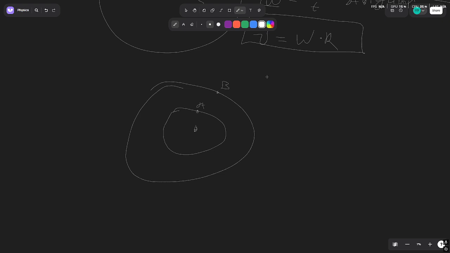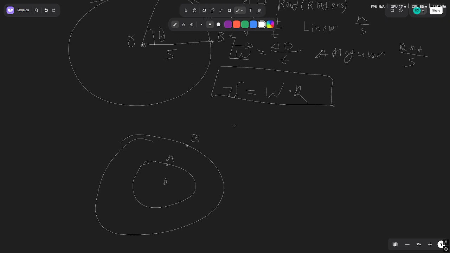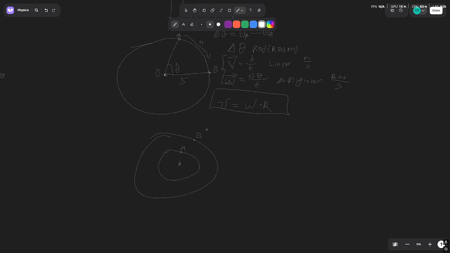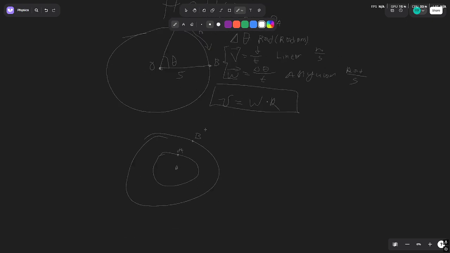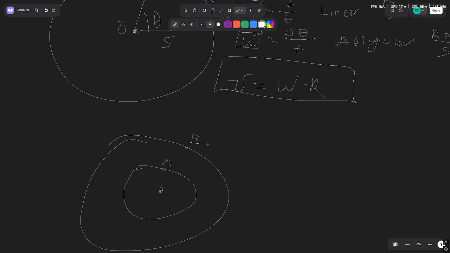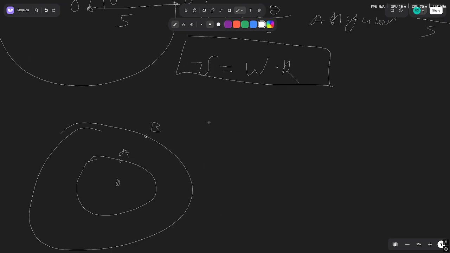And you should ask me which velocity, linear or angular. For both of these, the angular velocity will be the same because they're both moving in a circle, right? So angular velocity of point A equals angular velocity of point B.